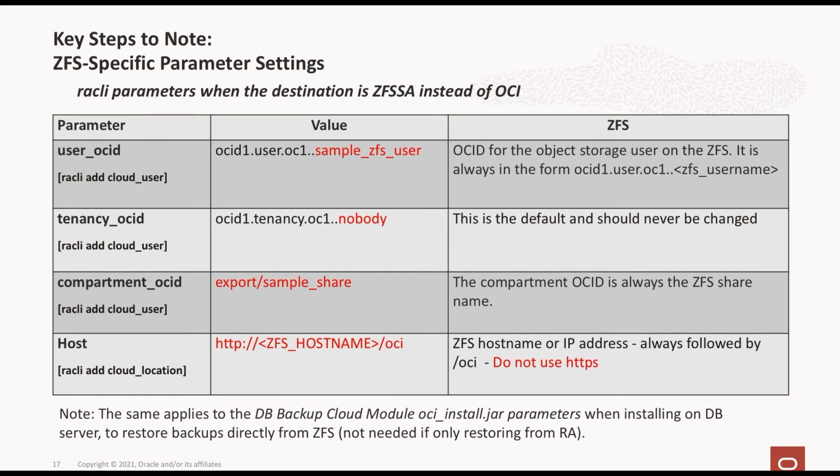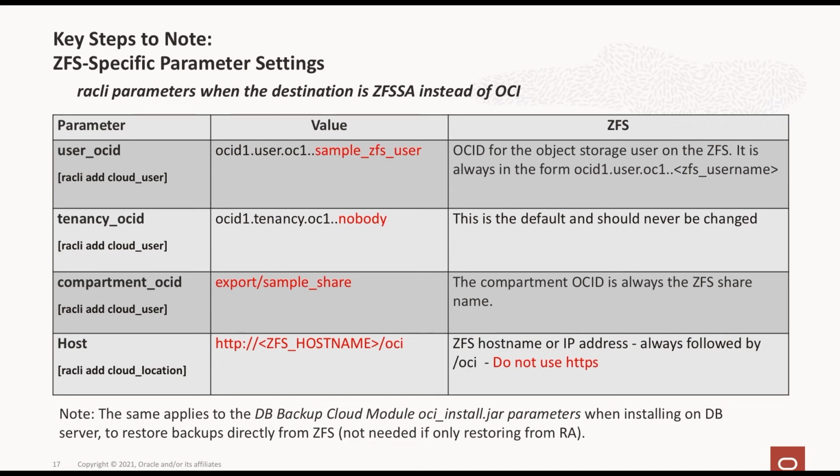The same type of parameters must be used when you configure or use the OCI install.jar Java installer, which is the installer tool for the database backup cloud module. This is what you need to install on a database server if you want to restore directly from ZFS. It's not needed to back up or restore through the recovery appliance, even if the backups end up being in ZFS.